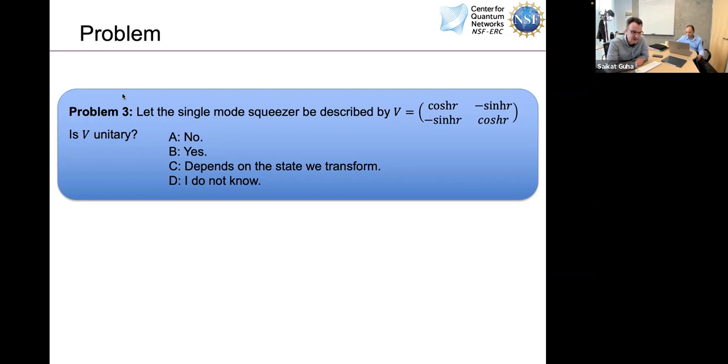That reflects exactly the fact that when you squeeze a state, you increase its energy, even though the state remains normalized before and after squeezing, which means that the Schrödinger operator is unitary, but the Heisenberg one is not.